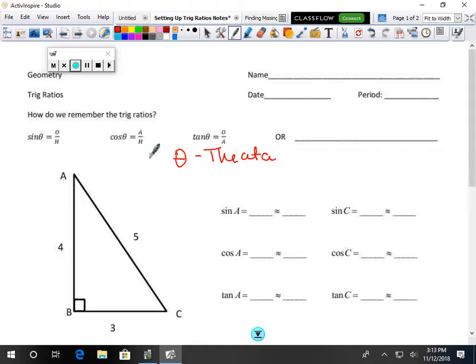These are the formulas, but a shortcut to help you remember how to set it up would be SOHCAHTOA. So again, sine is opposite over hypotenuse, cosine is adjacent over hypotenuse, and tangent is opposite over adjacent.